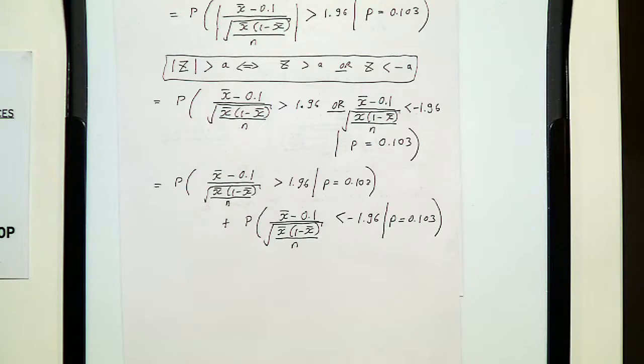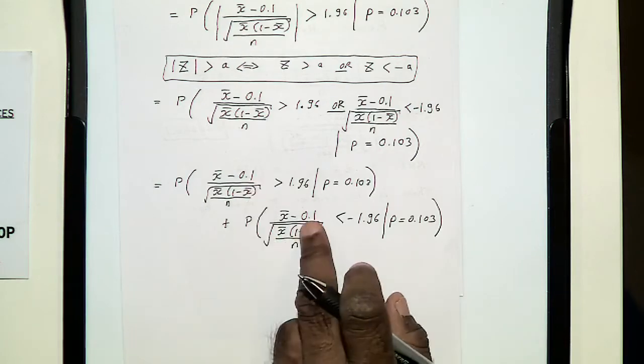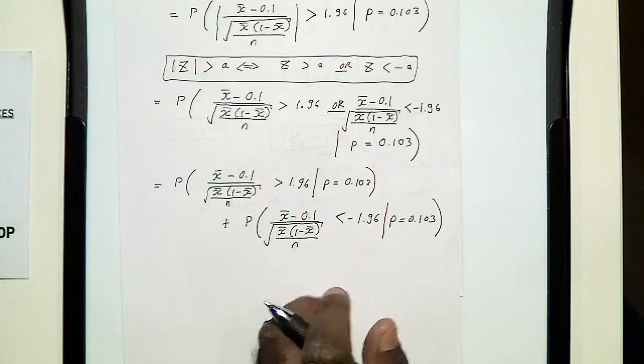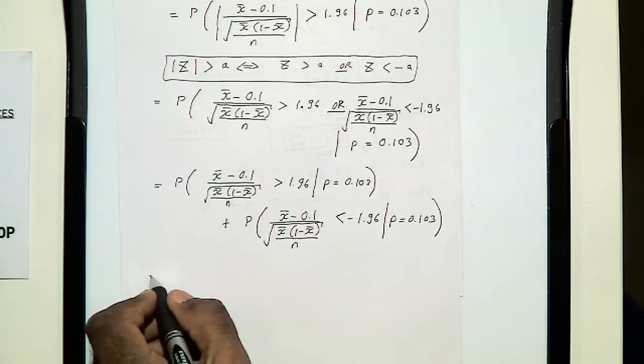Now the next step, what I'm going to do is, because the true proportion is 0.103 and not 0.1, I'm going to change this guy and this guy to 0.103. I will do that as follows.